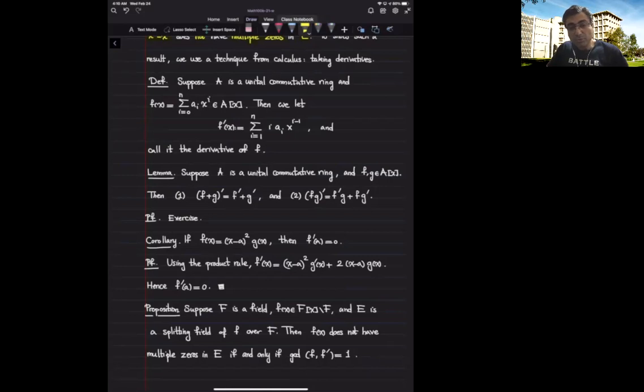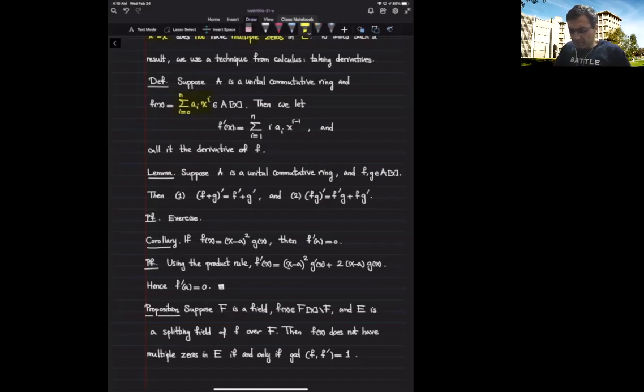And we are going to define them in a formal way, because again, remember, we do not have limits and these kinds of things for an arbitrary unital commutative ring. Okay, so what is the formal definition of derivatives? I give you a polynomial.